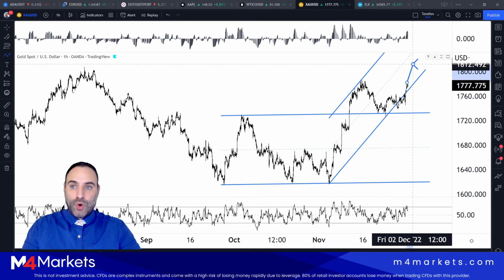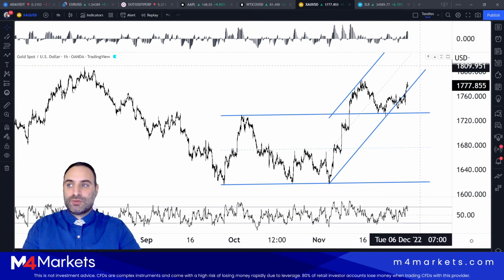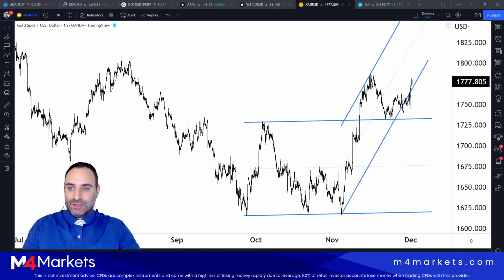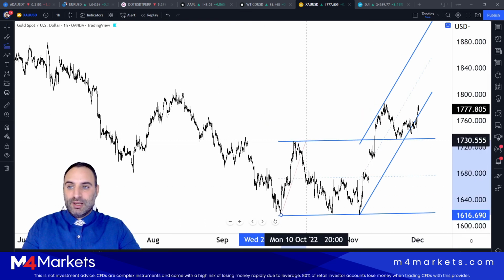When prices go above that previous high, then it will most likely show a hidden bearish divergence. And this is where we'll have to pay a bit more attention to what's going to happen around the 1800s, because it's a previous swing high and a level that might also be confirmed by the Fibonacci extension.